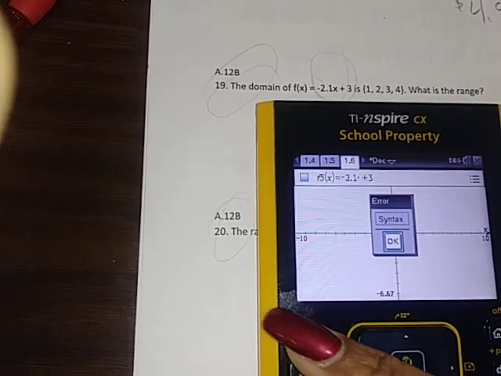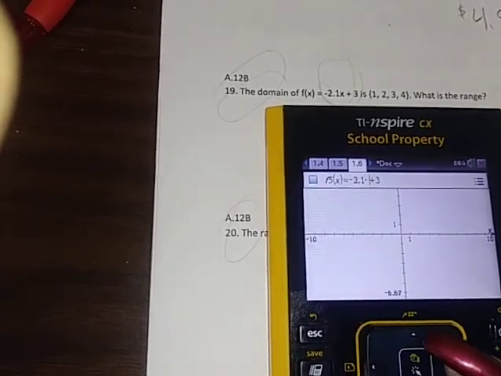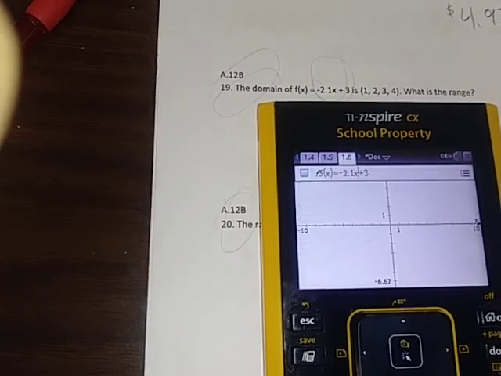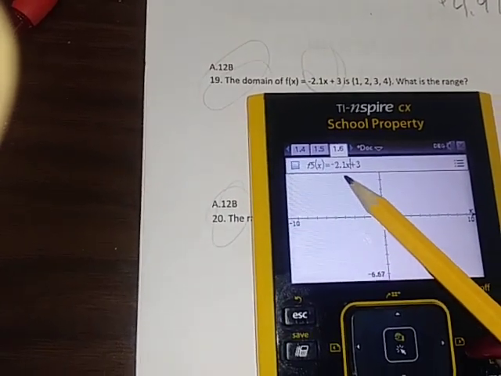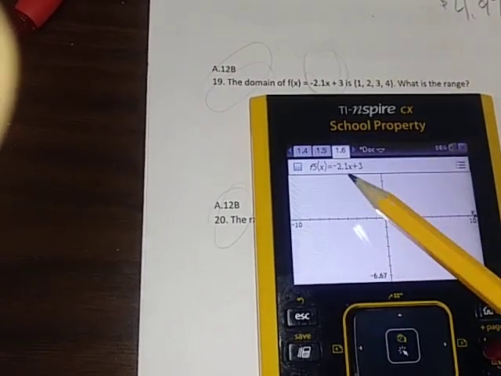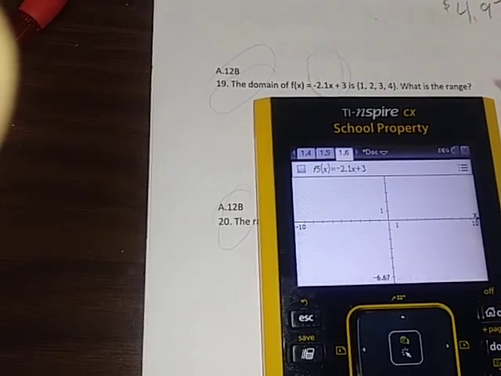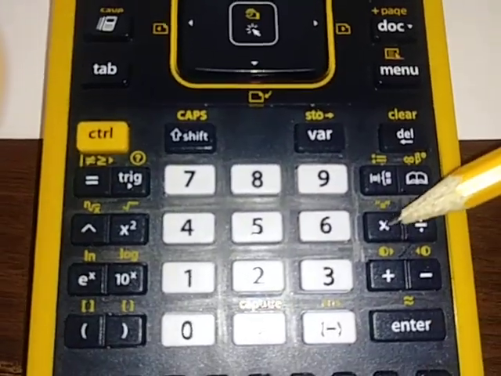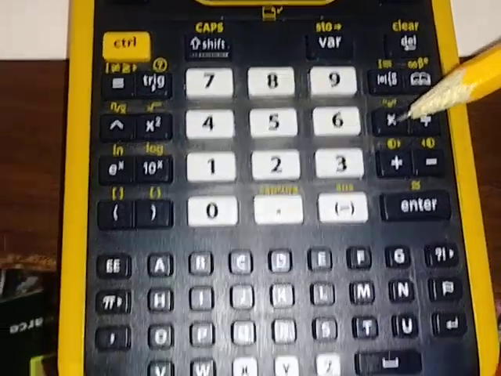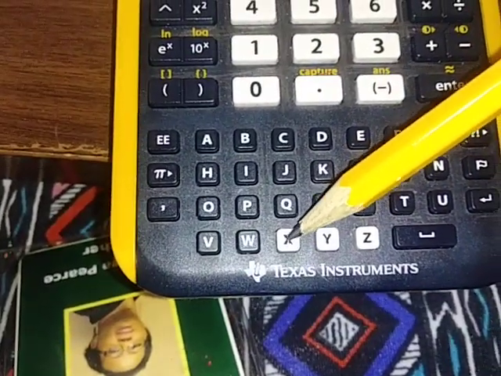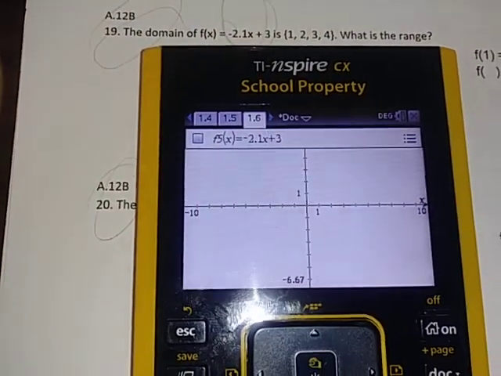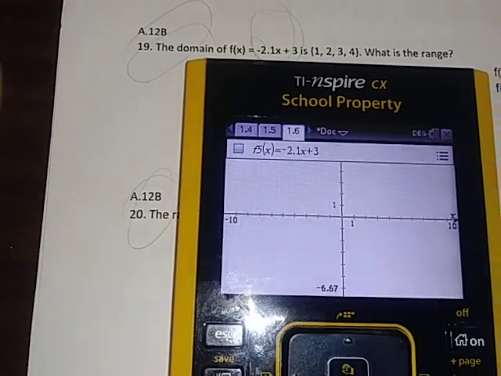Uh-oh, what did I do wrong? Okay, put an x, not multiplication. Excuse me, put the variable x, not a multiplication symbol. I used this one by accident, rushing, instead of this one down here. So I apologize. Nonetheless, a little tired, guys.